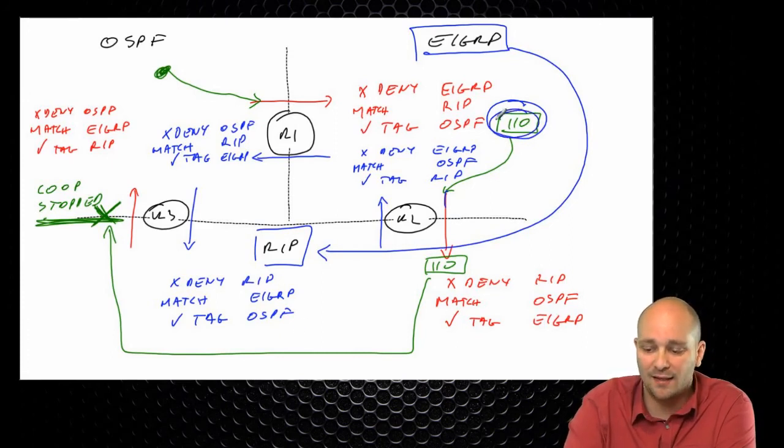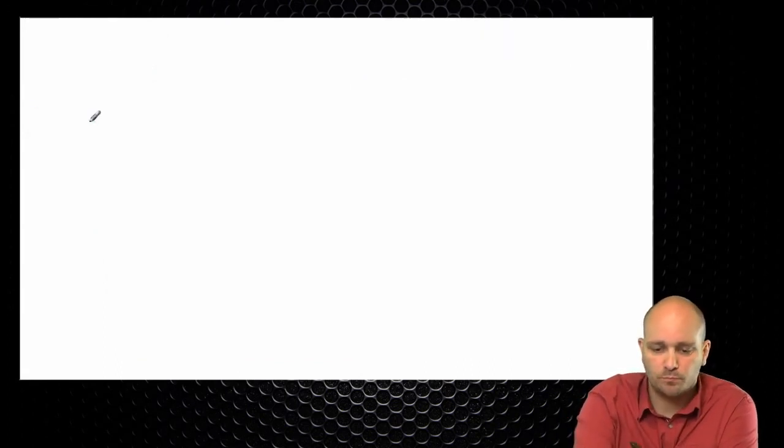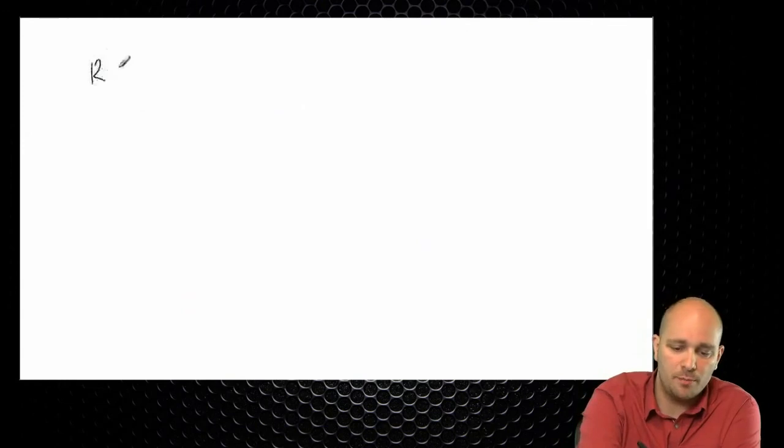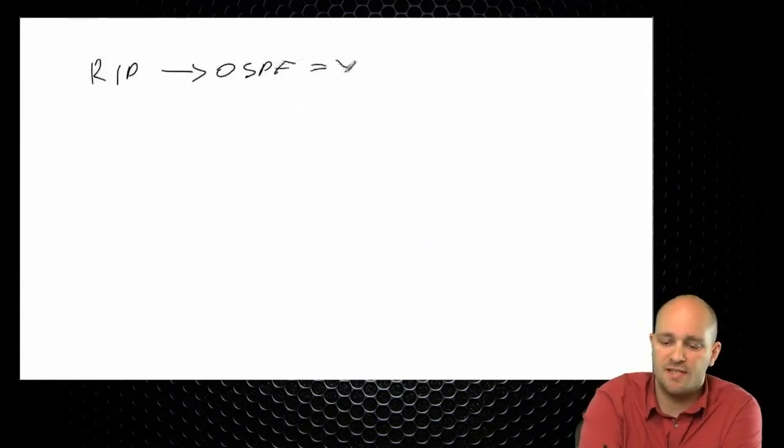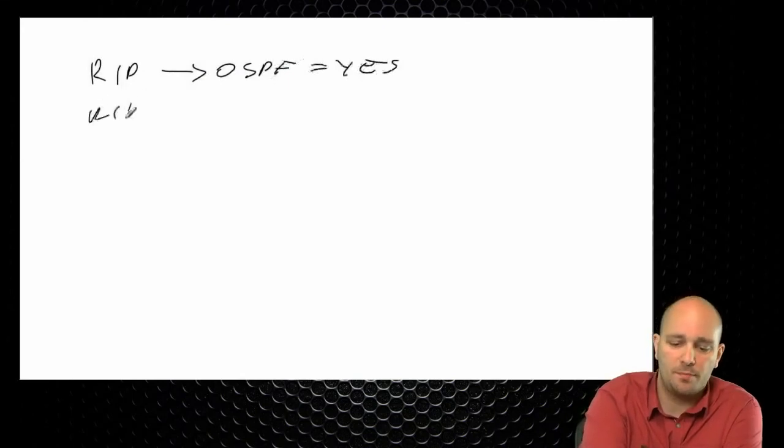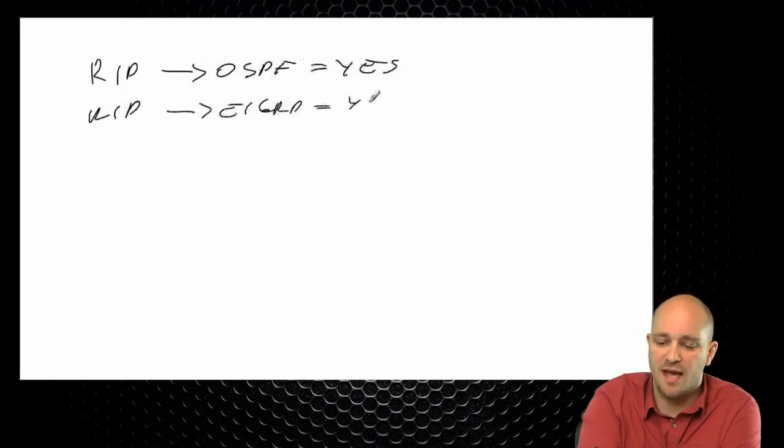Will the tag actually be copied as this new generation happens? Now, as it turns out, when you have RIP to OSPF, the answer is yes. When you have RIP to EIGRP, the answer is yes.